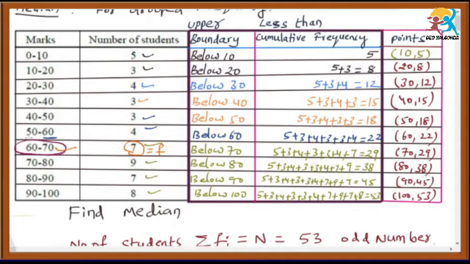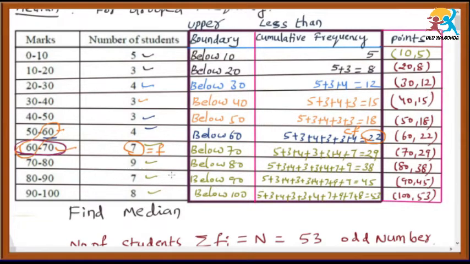The class preceding the median class is 50 to 60 and its corresponding cumulative frequency is 22. So now this 22 will be Cf. Here itself we can write Cf. And the lower boundary of the median class is the lower limit of the class interval plus the upper limit of its preceding class, divided by 2, that will be L.